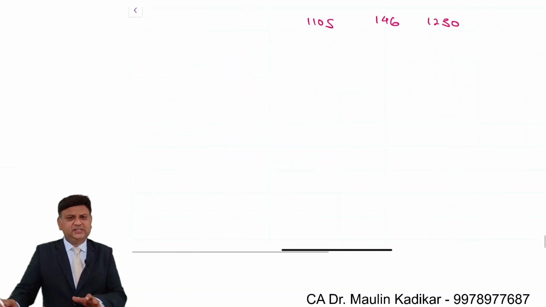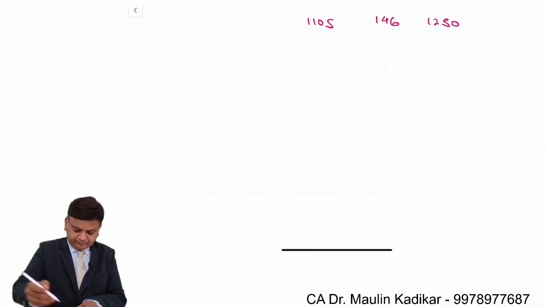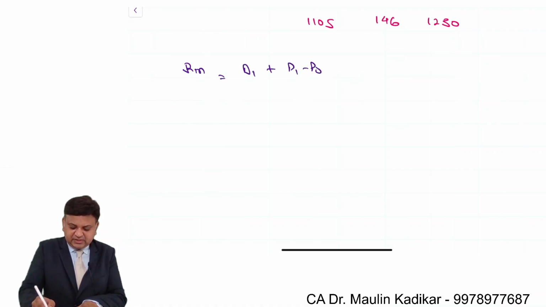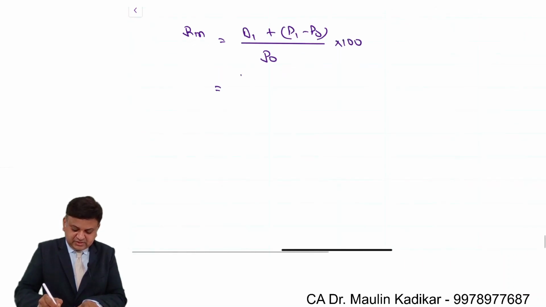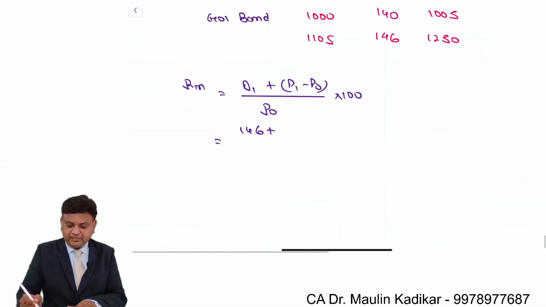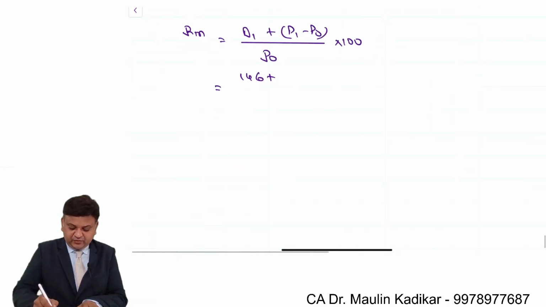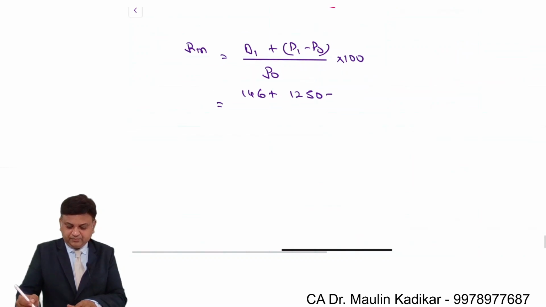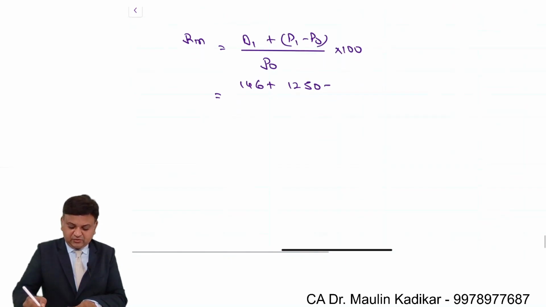Now you can apply a single formula like this. Return on the market portfolio is D1 plus P1 minus P0 whole divided by P0 into 100. What is D1? D1 is 146. What is P1? P1 is 1250. What is P0? 1105.